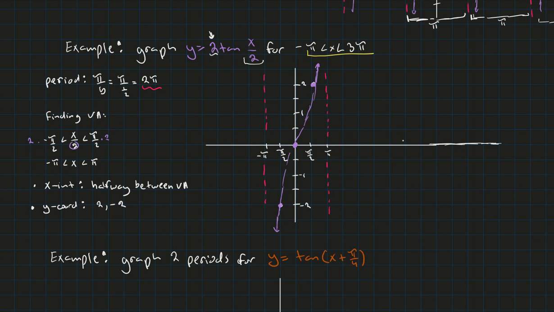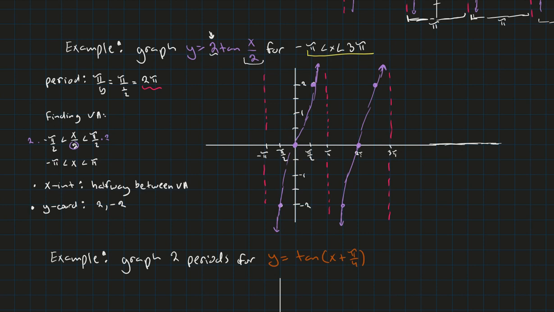So pi, 3 pi over 2, 2 pi. And then I can say this is 3 pi. And then I can finish this right here, right here, right here. And there is a graph that shows tangent of x over 2 between -pi and 3 pi.